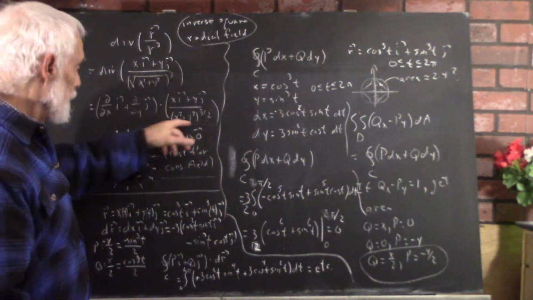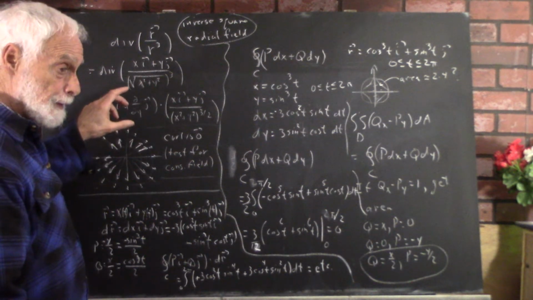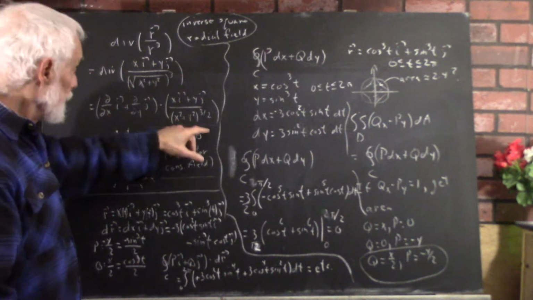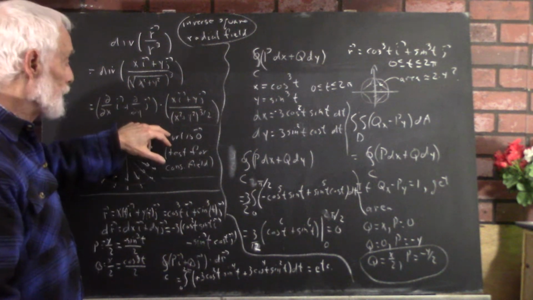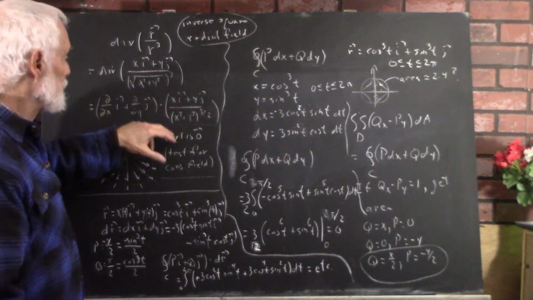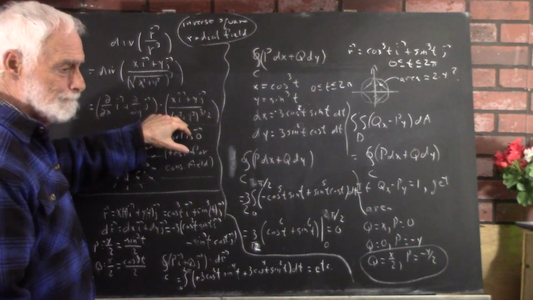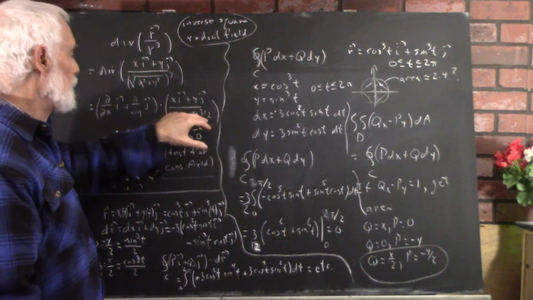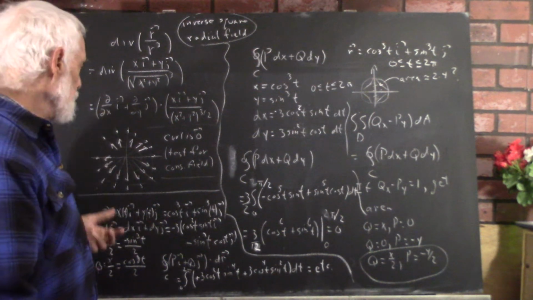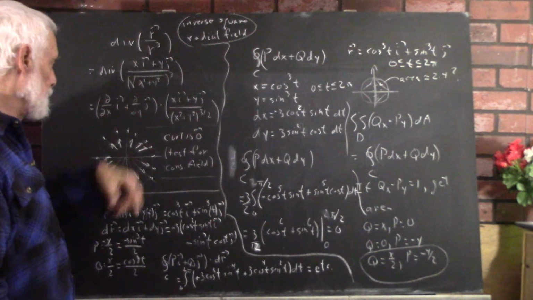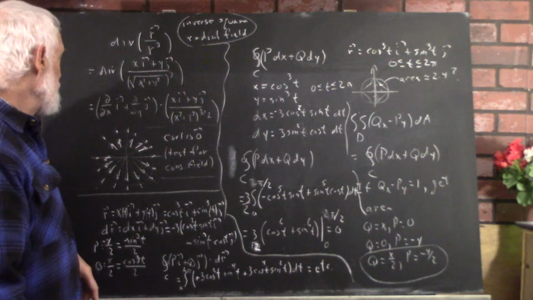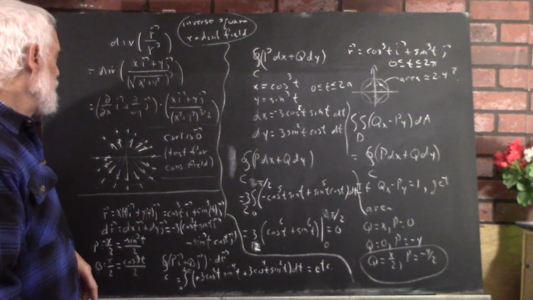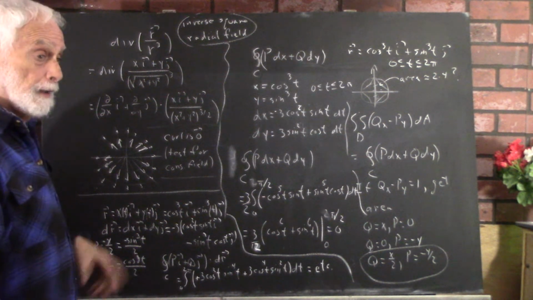You're going to get x squared plus y squared to the 3/2 plus x times the derivative of that, which will be a 2x times 3/2, which is going to give you 3 times this quantity to the 1/2 and so forth. And that's all straightforward. You do the same thing with y. You could then take the curl of that and you would get 0.